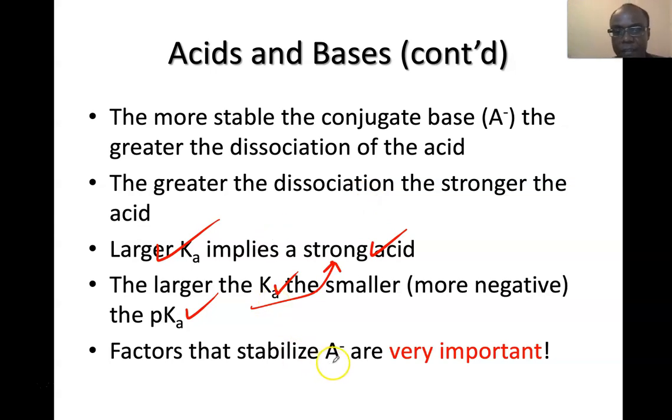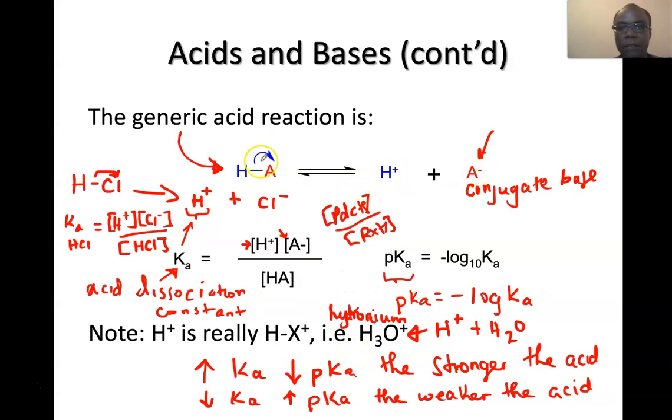So what factors will make an acid strong? Those factors will stabilize the conjugate base. Remember, the A minus is what falls off after the generic acid has dissociated. So for example, this is a conjugate base.